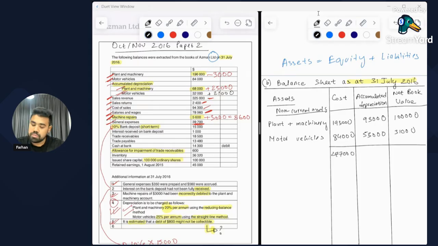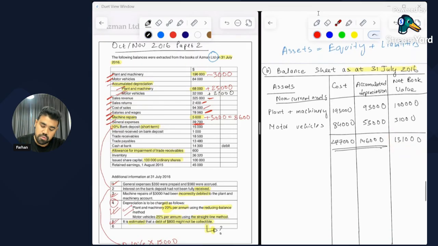For the accumulated depreciation column, 93 plus 53, 146. And the net book value column is 131,000. And we're not putting a balance sign here because we want to keep this column open, because this is the number that moving forward is going to be added with other information. All right. So that takes care of all the non-current assets that we've got so far.